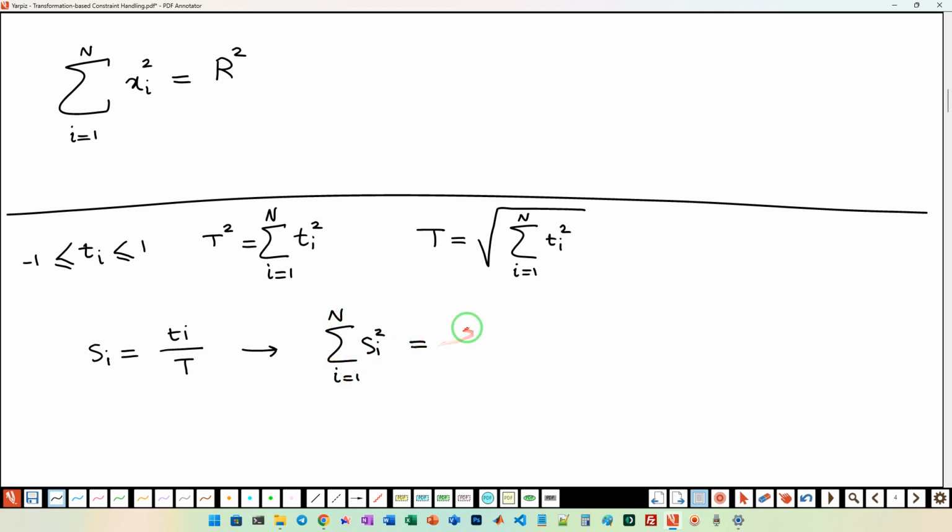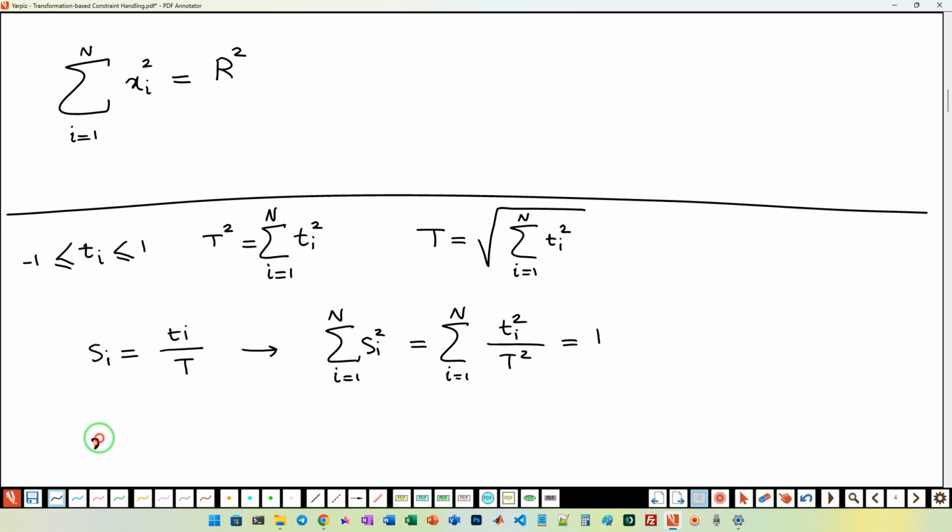It is given by this equation, Ti squared divided by T squared, and again you can show that it is exactly 1. And Si again can be negative, can be positive, or 0.